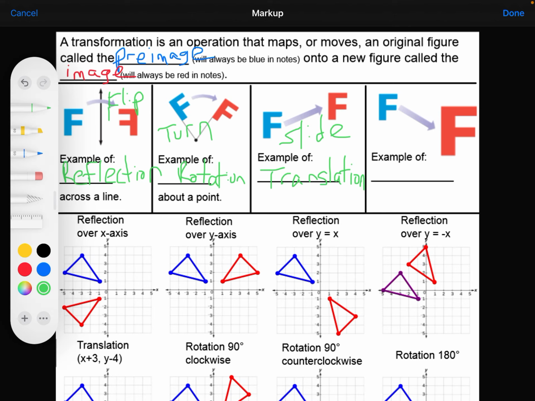This last one here has some words that people know as either an enlargement, which this picture is an example of, or a reduction. We're not going to be getting into these until third quarter, maybe fourth quarter here, but enlargement and reductions are dilations.